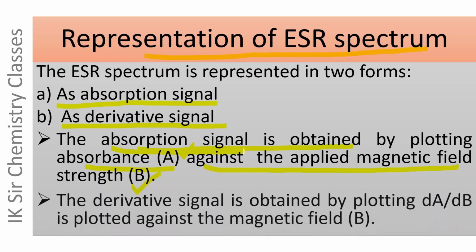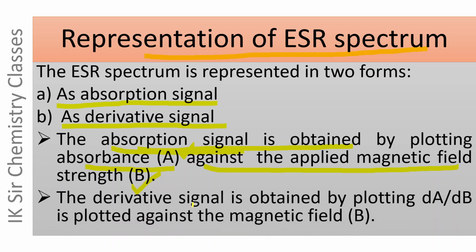On the other hand, the derivative signal is obtained by plotting dA by dB against the applied magnetic field. If dA by dB is plotted against external applied magnetic field, the signal obtained is called derivative signal.